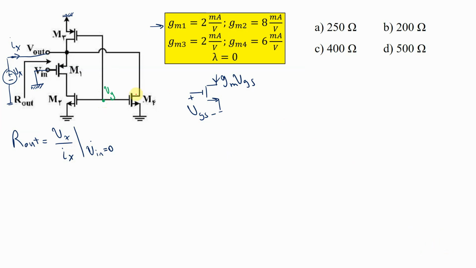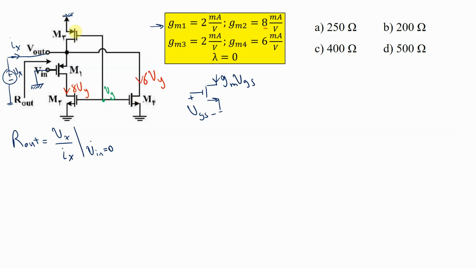So this is Vy for the gate of transistor M4, and because the source is grounded, gm4 times Vy is the drain current through this direction. gm4 is 6, so 6 Vy for this transistor. How about M2? M2, this is Vy, and gm2 is 8, so 8 times Vy for this transistor.